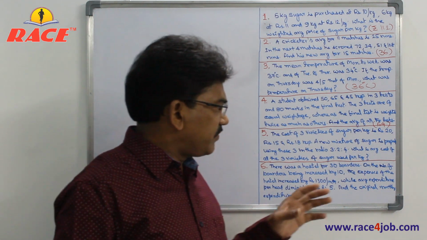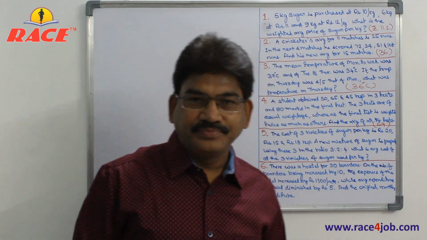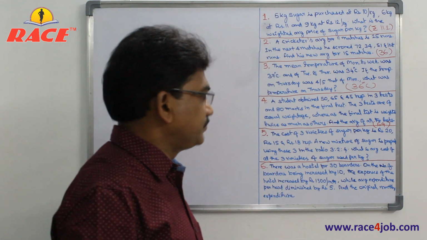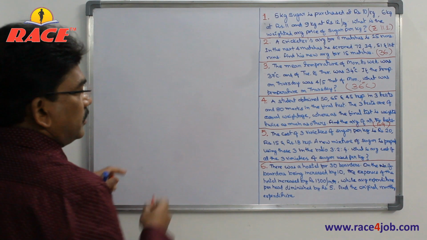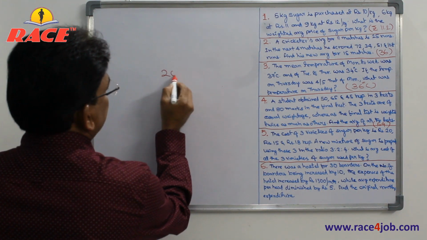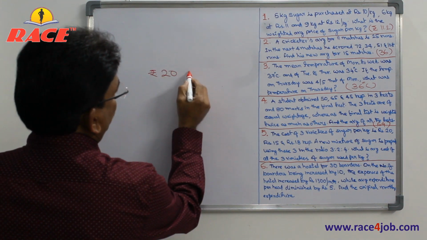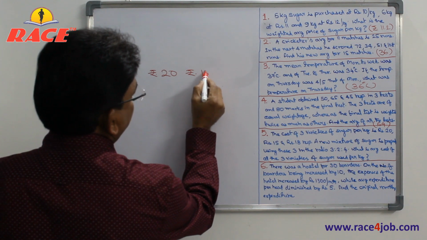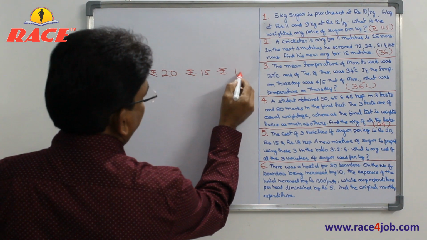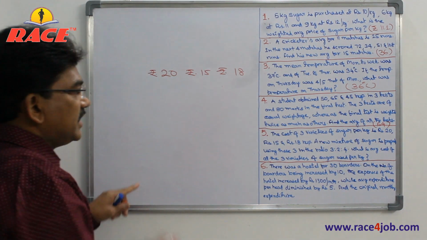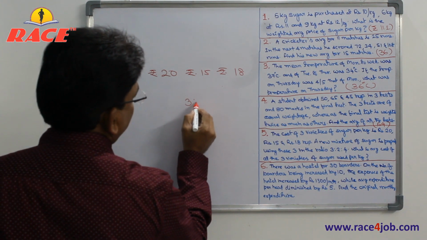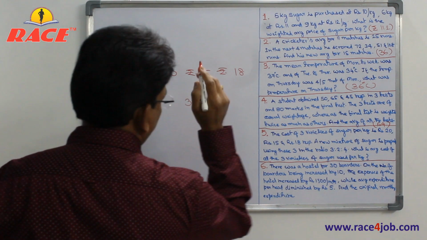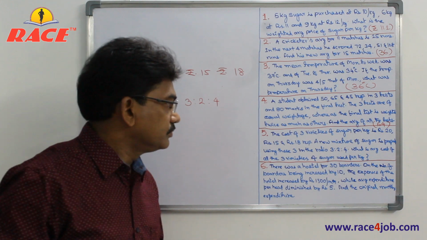Okay, average per kg cost is asked. This is also simple. So one variety 20 rupees, one variety 15 rupees, one variety 18 rupees. These 3 he has taken in 3:2:4 ratio.